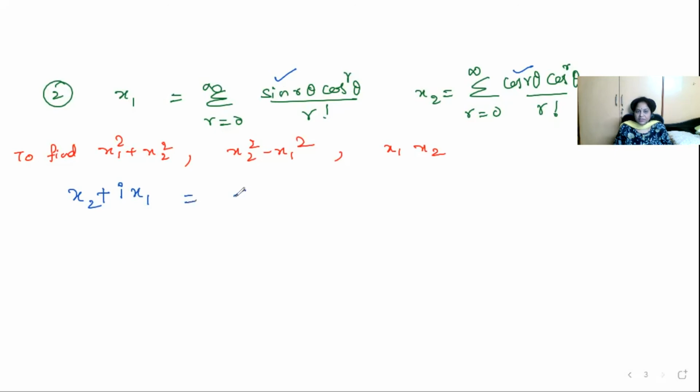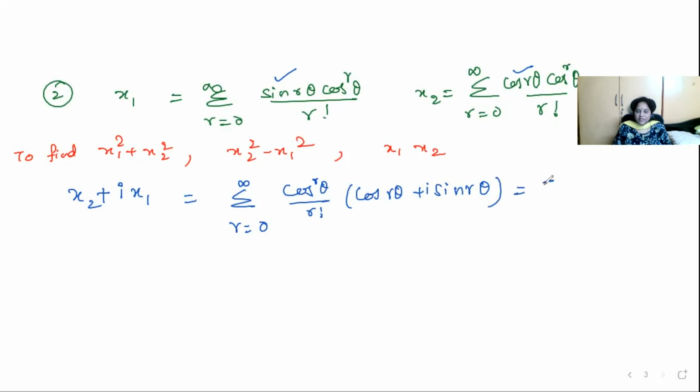The summation has the same range for both, so we can group them and write them together. Cos raised to r theta by r factorial is a common term in both, and then we can write cos r theta plus i sin r theta. The summation is applicable for both.